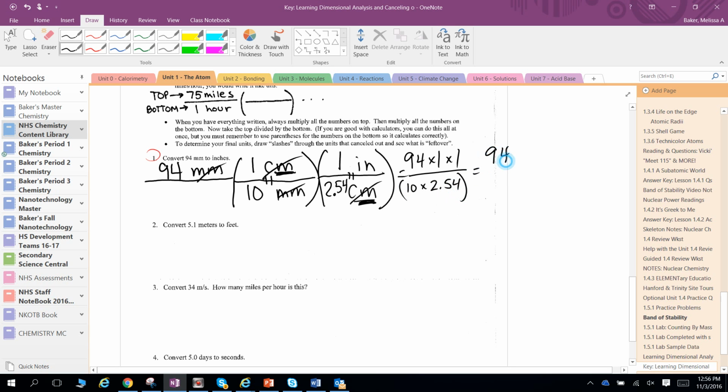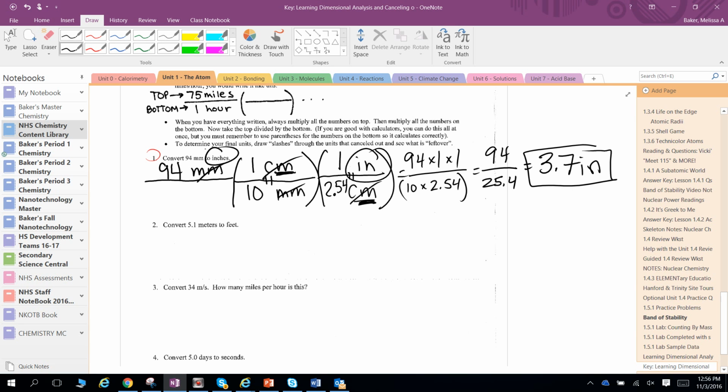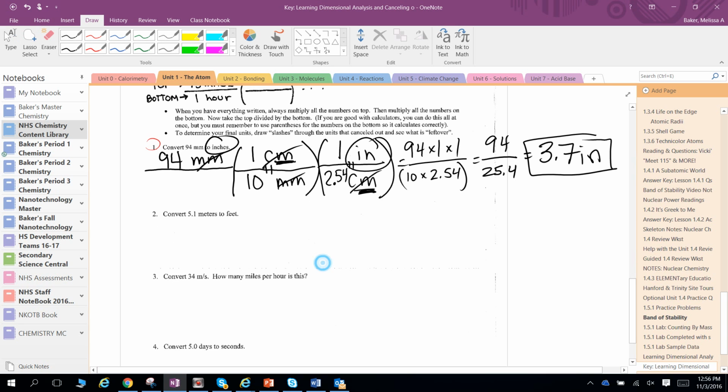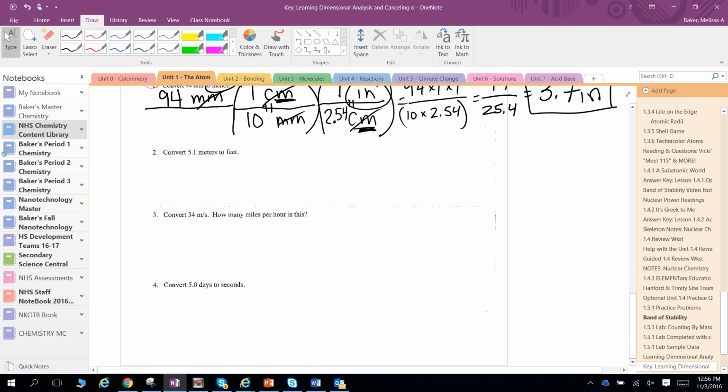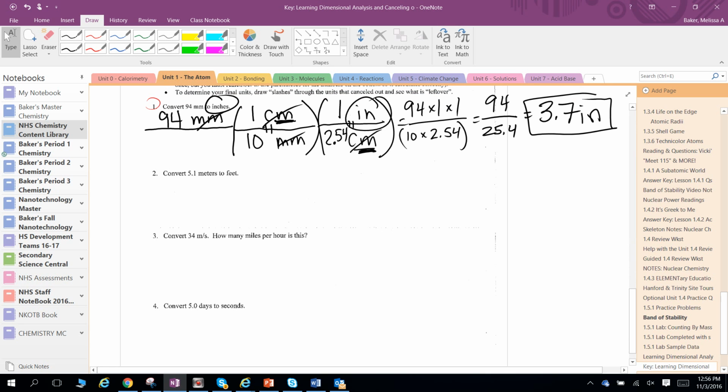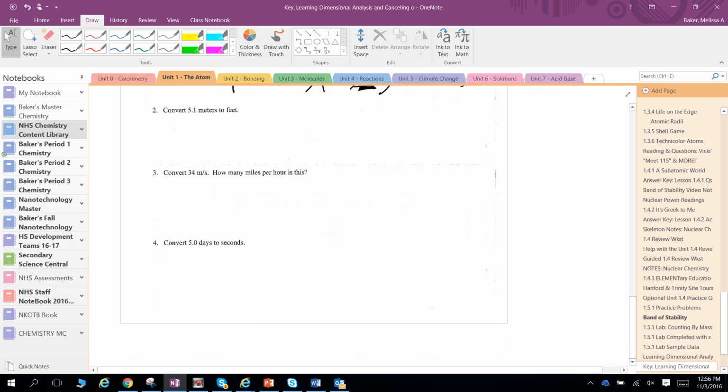That comes out to be 94 divided by 25.4, which ends up being 3.7, and then look for the only units that aren't canceled out, inches, and double check that that's what the problem asked for, which it did. Now you might be saying, I don't need to use this technique. I can do this in my head. I've done this kind of conversion before. But later on, when we get to long stoichiometry problems, you're going to want to use this technique. So just go with it for now and trust me.